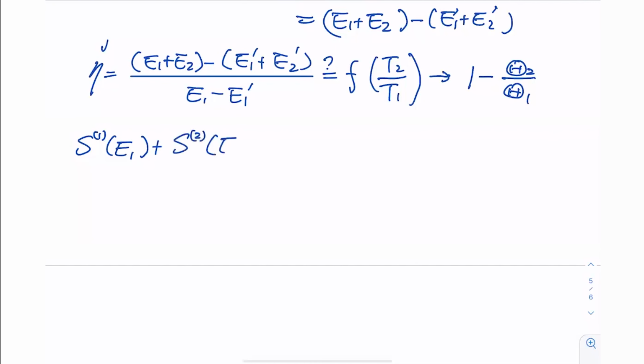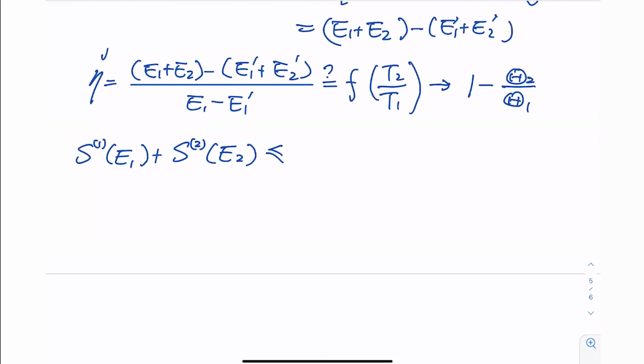After this cycle of the heat engine, we know that this entropy must be increasing. At least, it cannot be smaller. It cannot reduce. So the initial amount of entropy should be smaller than the final amount of entropy. Okay, so that's the condition that we know.